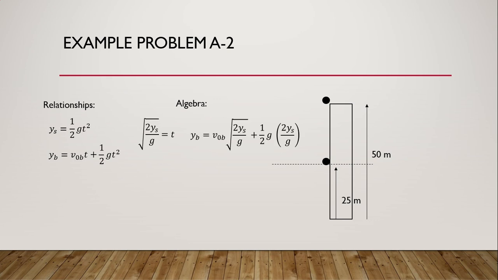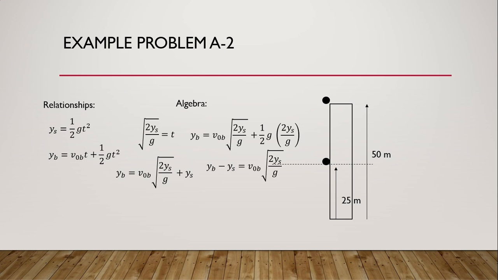We can plug that in now for t, and we get an equation that looks like this: y_b equals v0b times the square root of 2 y_s over g plus half g times 2 y_s over g, because we squared the square root. Here some things cancel, the half and the g cancel, and so you ultimately end up with v0b square root of 2 y_s over g plus y_s, which we can solve for v0b.